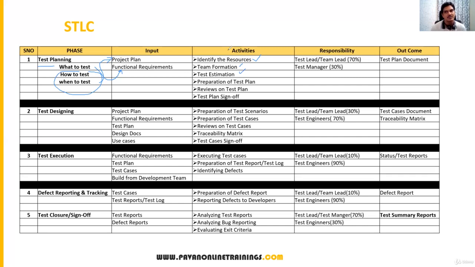Regarding responsibilities during this phase, normal test engineers won't be involved most of the time. The main role is the test lead or team lead, whose role is about 70%, because they do most of the activities. A few activities, like test plan sign off and reviews on the test plan, are done by the managers, and their role is almost 30%.